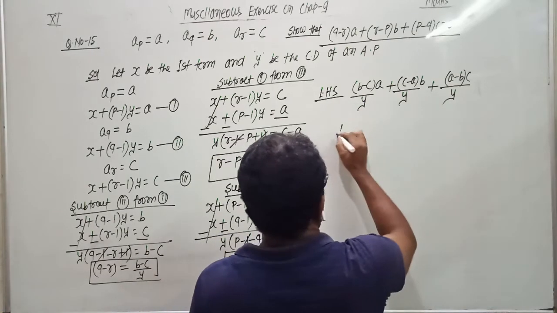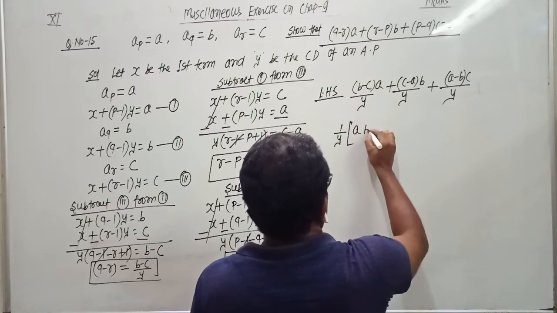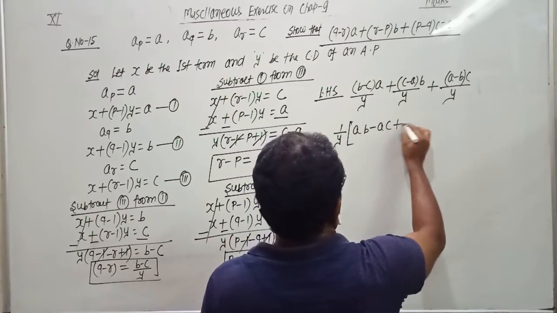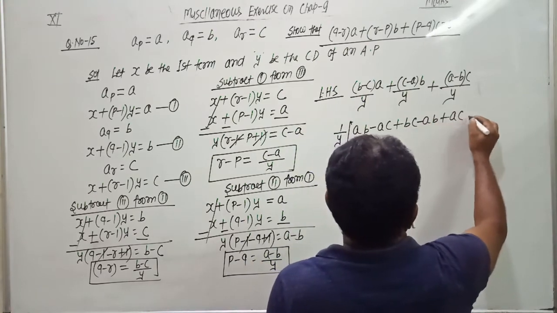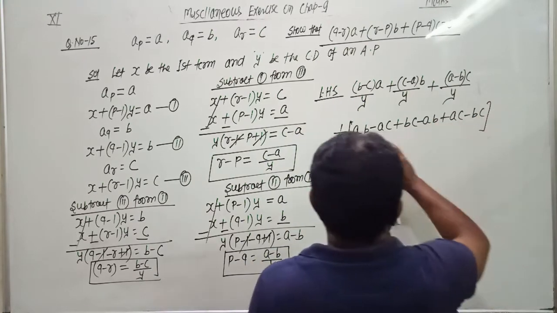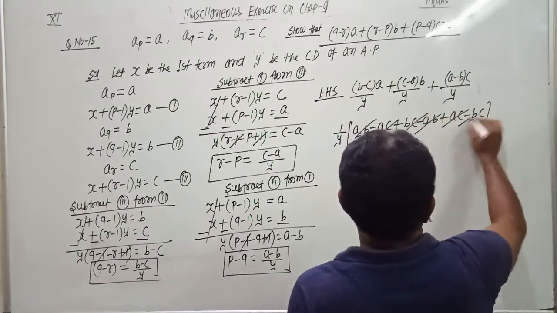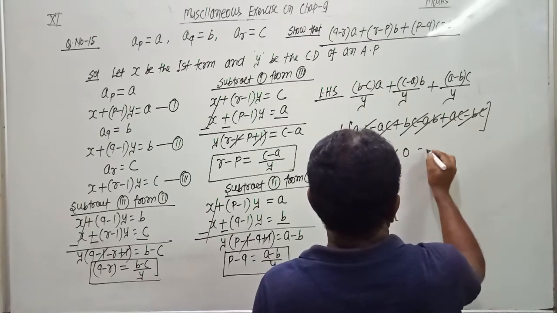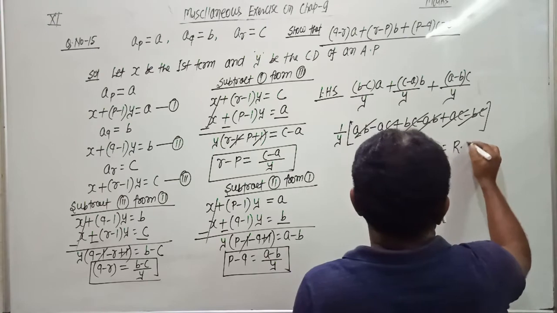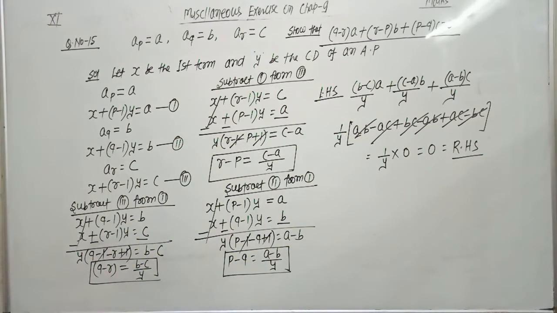From all these terms, 1 by y is taken common. So we get ab minus ac plus bc minus ab plus ac minus bc; ab minus ab cancel, minus ac plus ac, bc cancelled, and we get 1 by y into 0 equals 0, which is the RHS. We proved that LHS is equal to RHS.